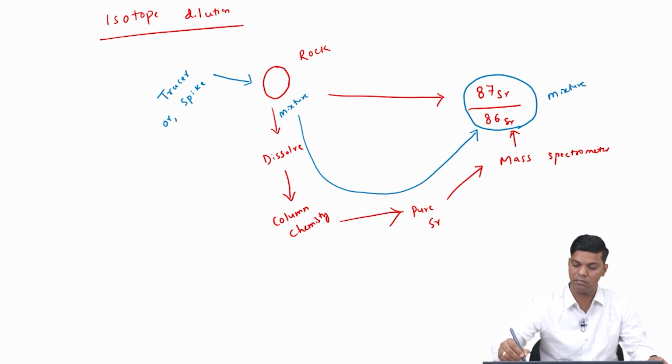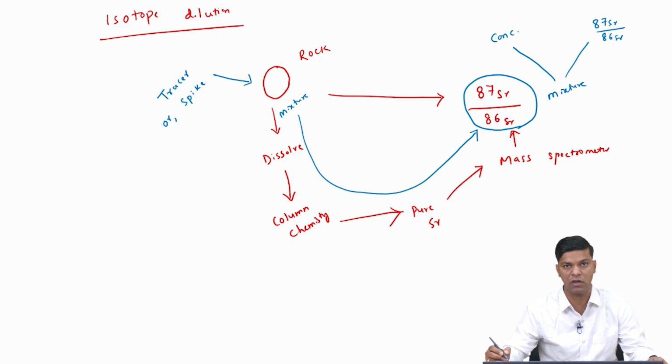And doing some mass balance calculation, you will get the concentration data, and you will even be able to extract the 87 strontium by 86 strontium value for the particular sample.